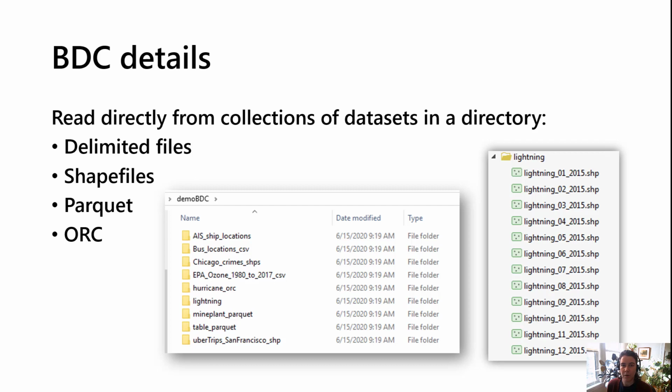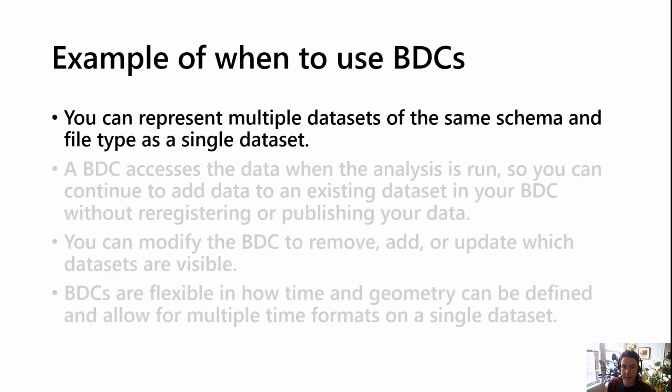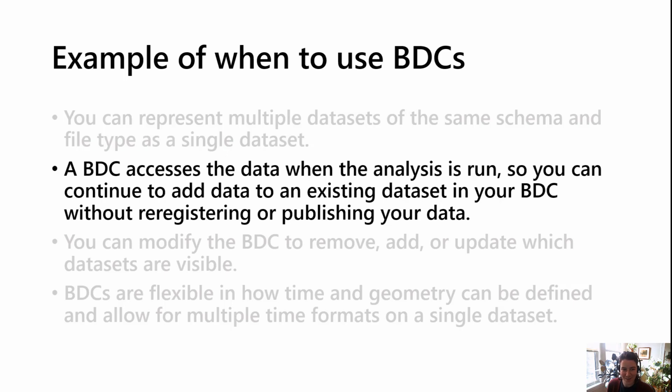If I suddenly got a whole bunch of data from 2016, 2017, 2018, 2019, 2020, maybe a few months of 2021, I could throw that in the folder, and the next time I run analysis, it's going to pick up every single data set. There's nothing additional that you have to do once you've registered that Lightning file. This means that if you have data coming in all of the time, it will just run the analysis with whatever is there. There's no extra steps or merging of your data sets, which I know can be quite a pain sometimes.